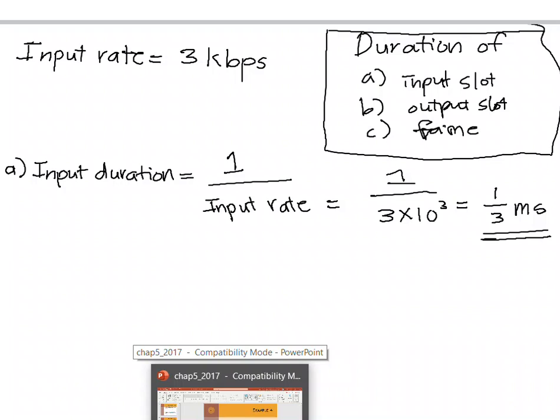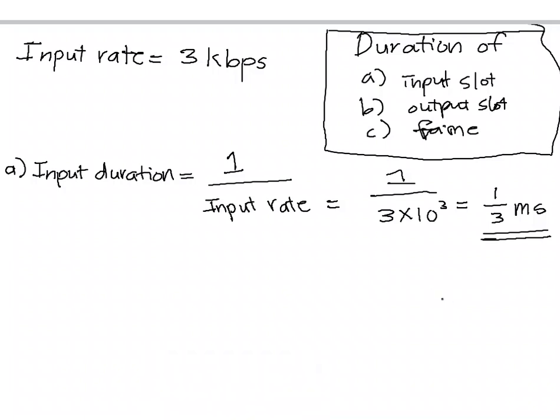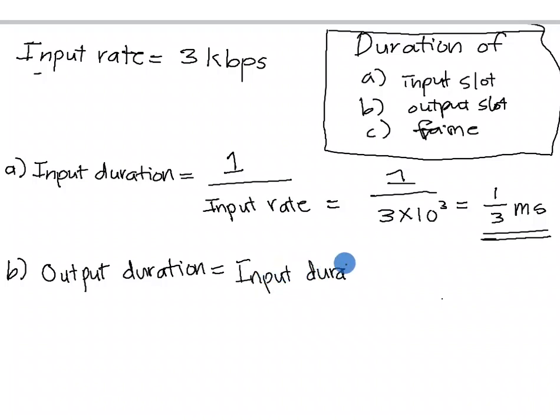Okay, output slot, duration of output slot. So we can write it as output duration. Output duration equal to, the formula is input duration divided by n. N is the number of sources.